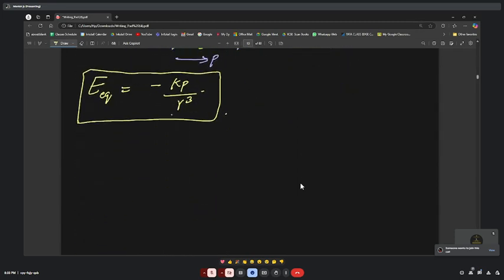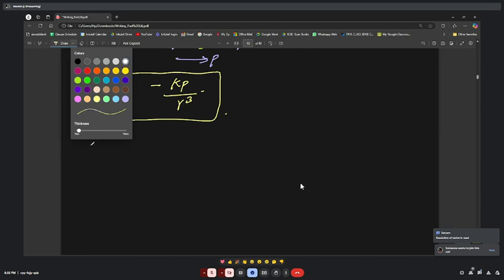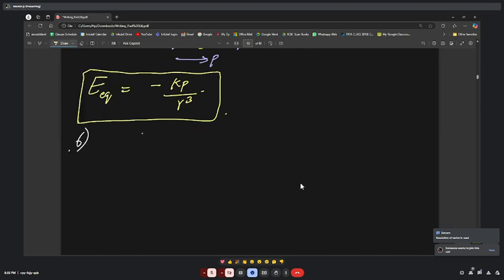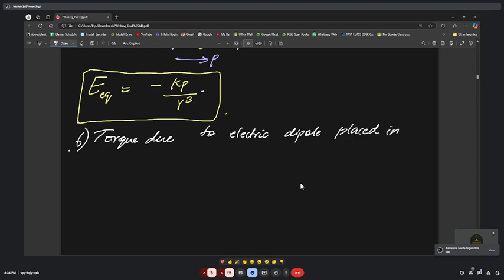Going to the next one, the sixth one. Now we are going to see the torque due to a dipole placed in an electric field. The next concept is torque due to an electric dipole placed in a uniform electric field.